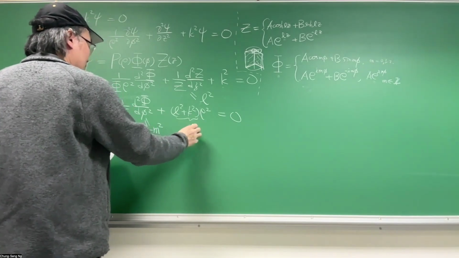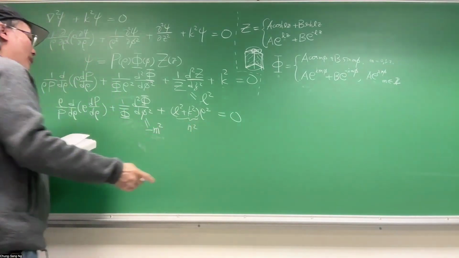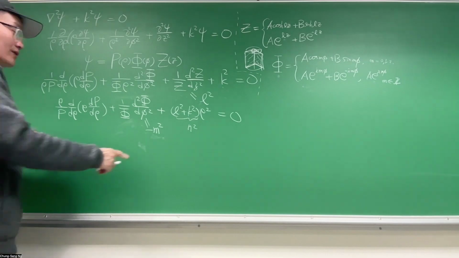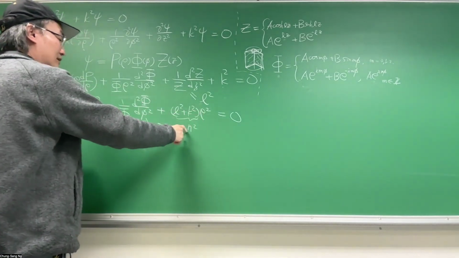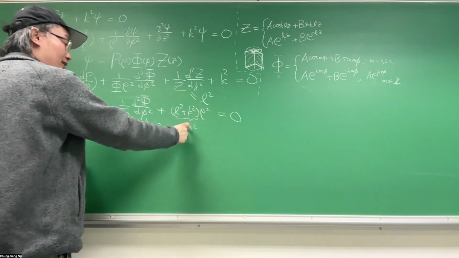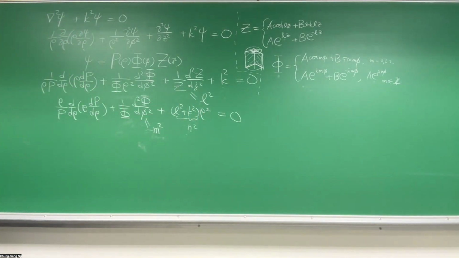It doesn't matter whether you use it, it just makes writing the solution a little easier. Write n, because this is n squared times rho squared.